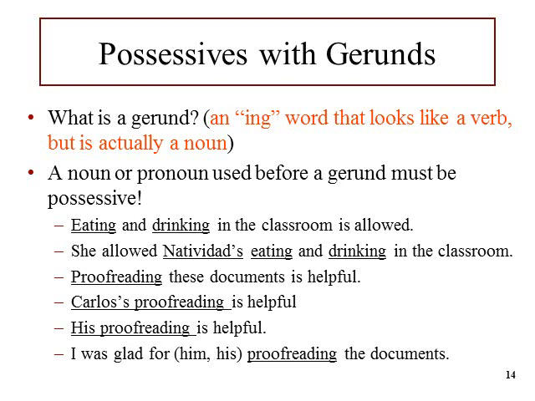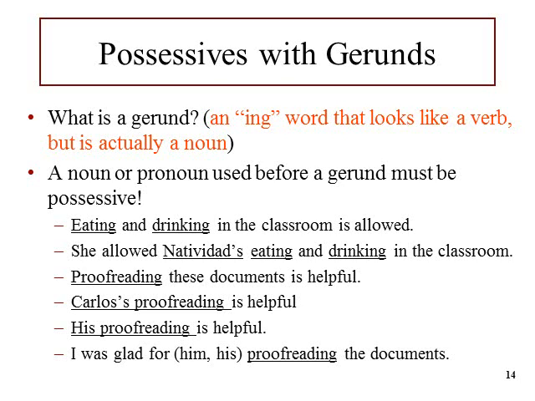So notice in this case that these are the gerunds, and if I'm talking about someone here, I'm actually using some possession, because I'm allowing this person's eating and drinking. Proofreading these documents is helpful, but Carlos's proofreading is especially helpful. So notice how Carlos actually is owning the proofreading because it is a noun. Or his proofreading is helpful. Notice that this is a possessive right here.